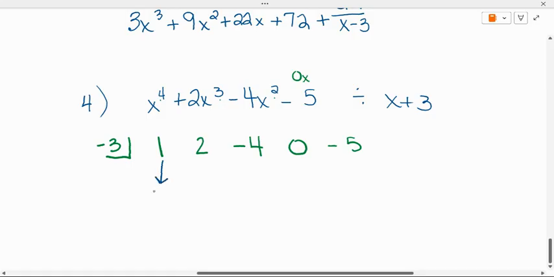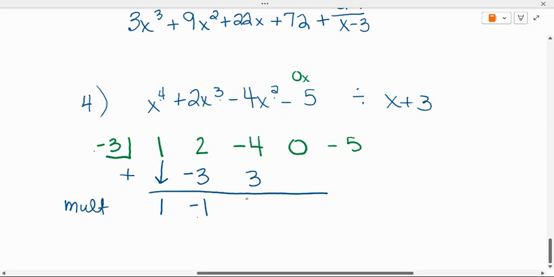Bring this first term straight down. Remember, this is where you add, and this is where you multiply. So I'm bringing down my 1. Negative 3 times 1 is negative 3. 2 plus negative 3 is negative 1. Negative 3 times negative 1 is positive 3.